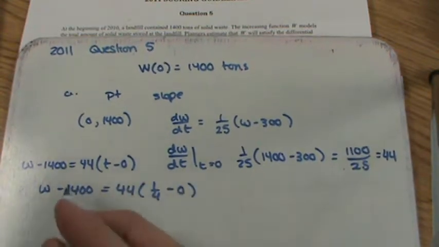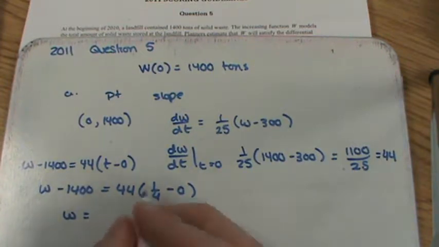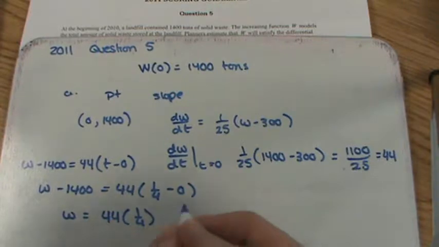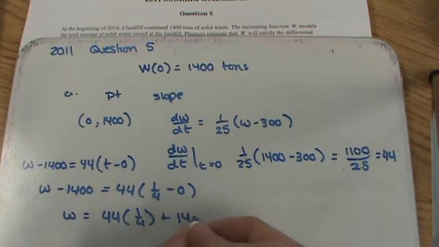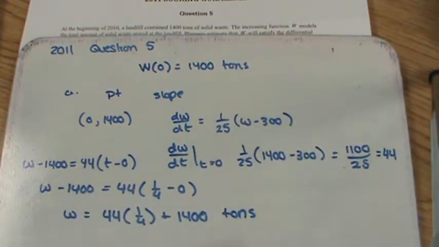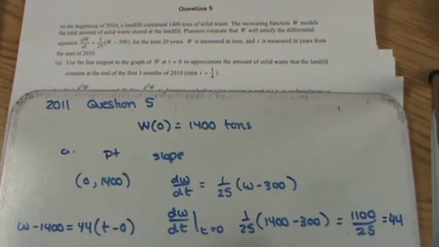I want to actually answer the question. I want to know how much waste is there. So I'm going to add that to the other side. And this is just 44 times 1/4 plus 1,400. And this would be in tons. Make sure we use those units. Okay, and we can leave it like that, or you could go ahead and simplify. And that would wrap up part A.